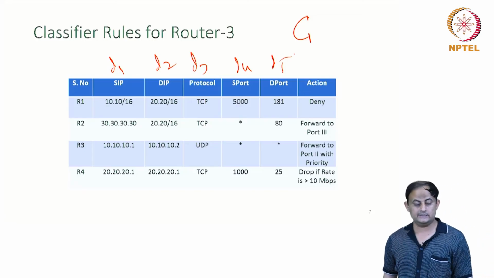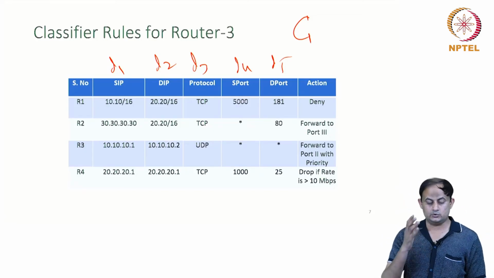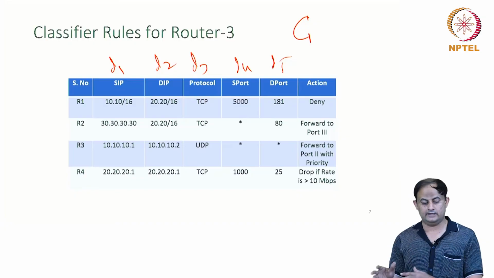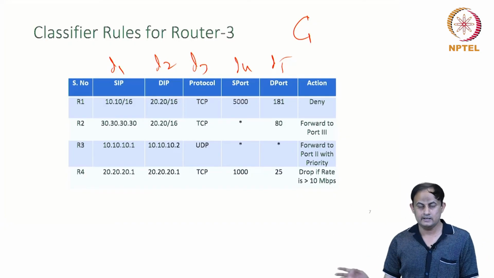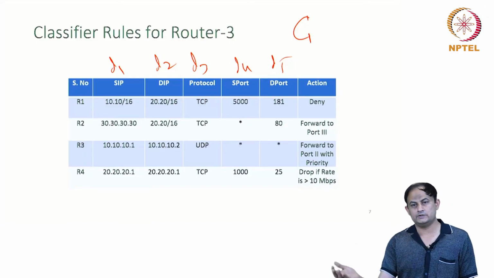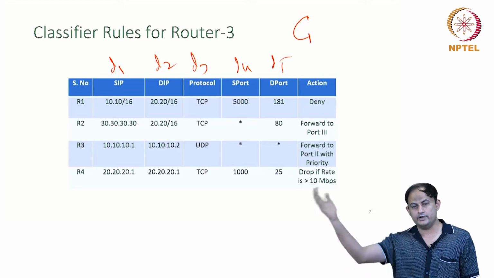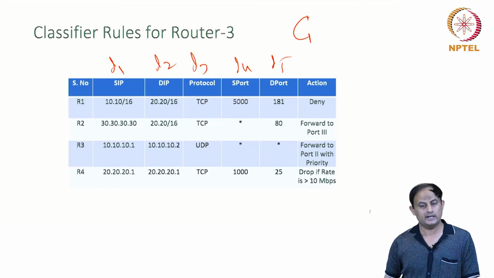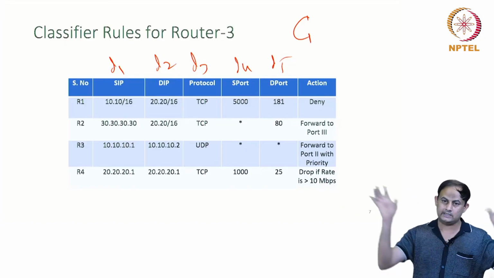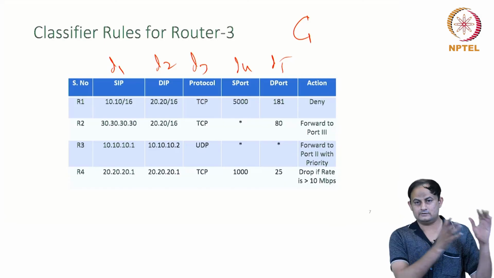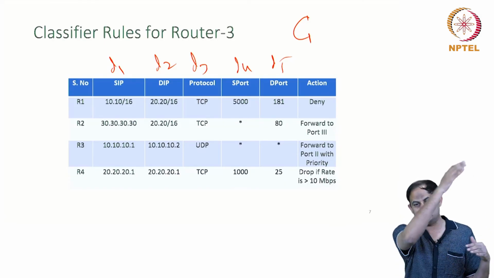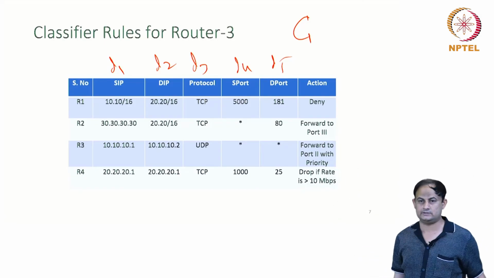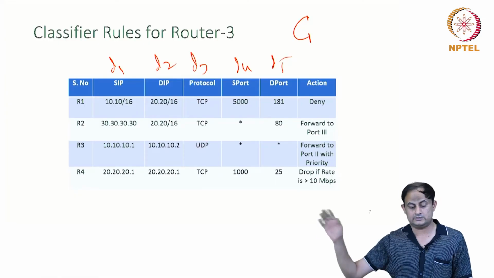The first rule says whenever the source IP address is 10.10/16, that is a /16 address, any computer sharing this common prefix 10.10 and going to the destination 20.20, again in /16 prefix format, covering 2 to the power of 16 combinations at the source and 2 to the power of 16 on the destination field.